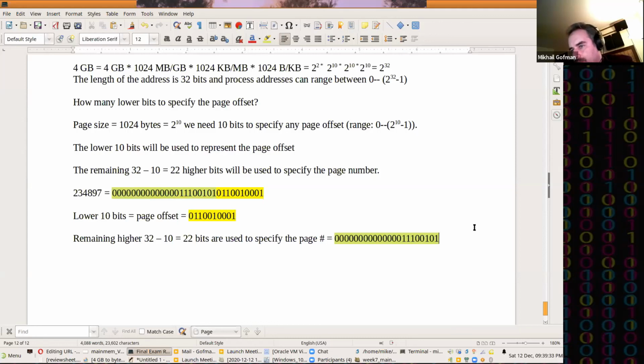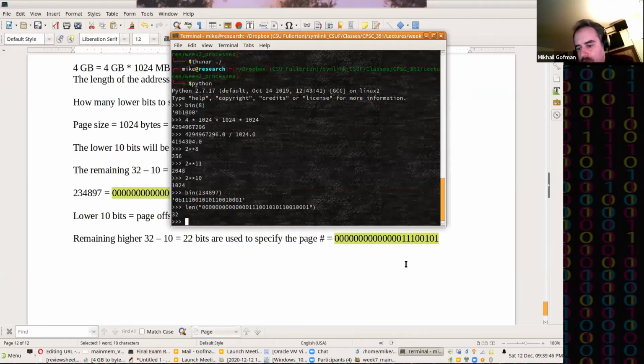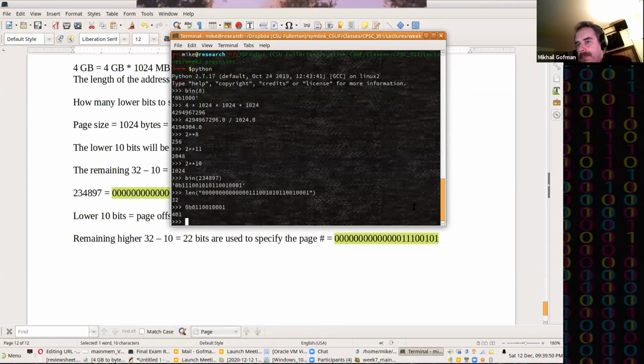And so we can either leave it like this, but I will translate that into base 10. And in Python, I can really easily do that. I can just do 0b, which means I'm specifying a binary number, and boom.